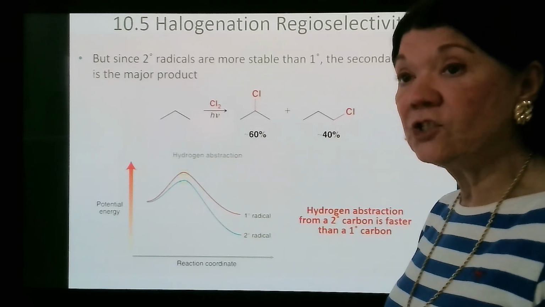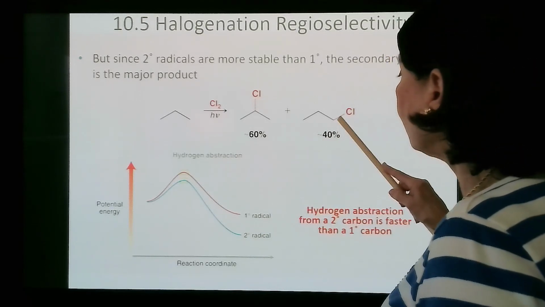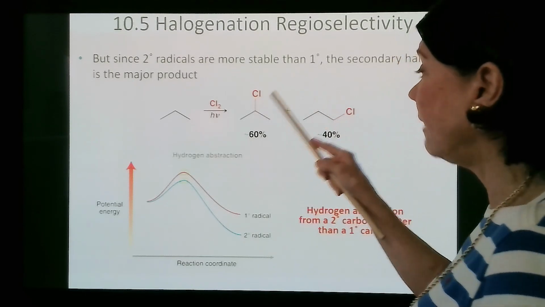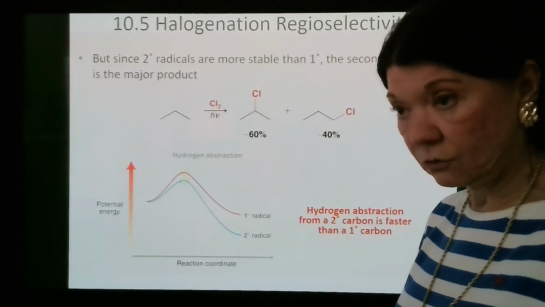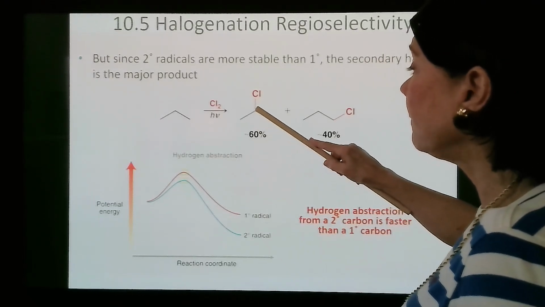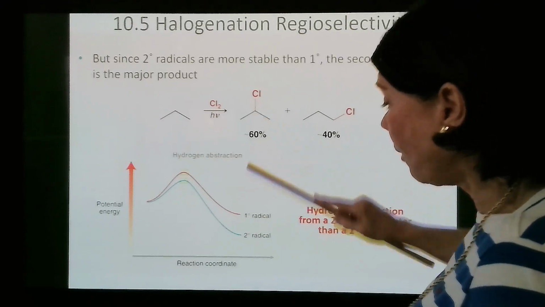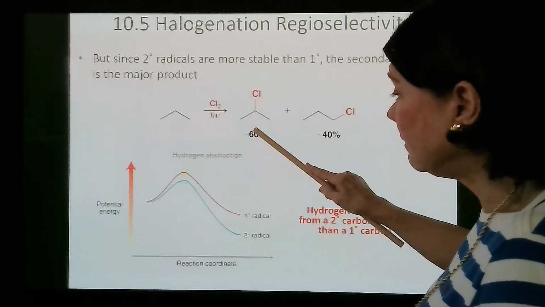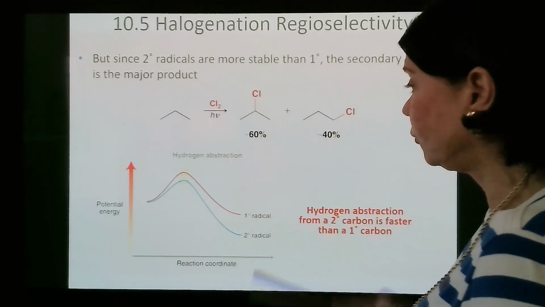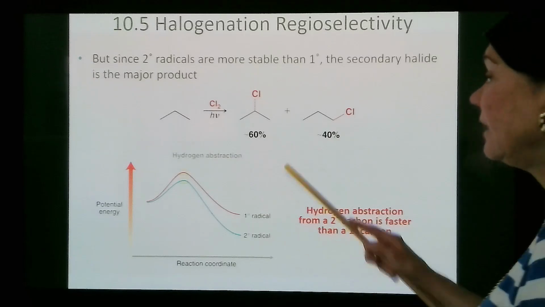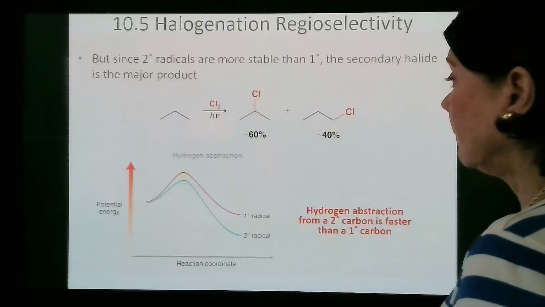If it were purely statistical, it would be 3 times as much of this to 1 times that, so it would be 75-25. But it's not a statistical thing. That is the influence of this secondary radical being more stable. That's what is making this 60% and 40%. But it's surprising that it's only 60 to 40.